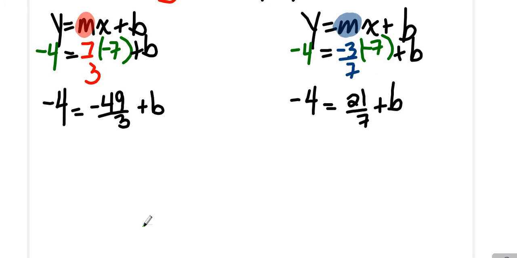Now we're going to finish on the right-hand side. It's a little bit easier because that translates into a whole number.